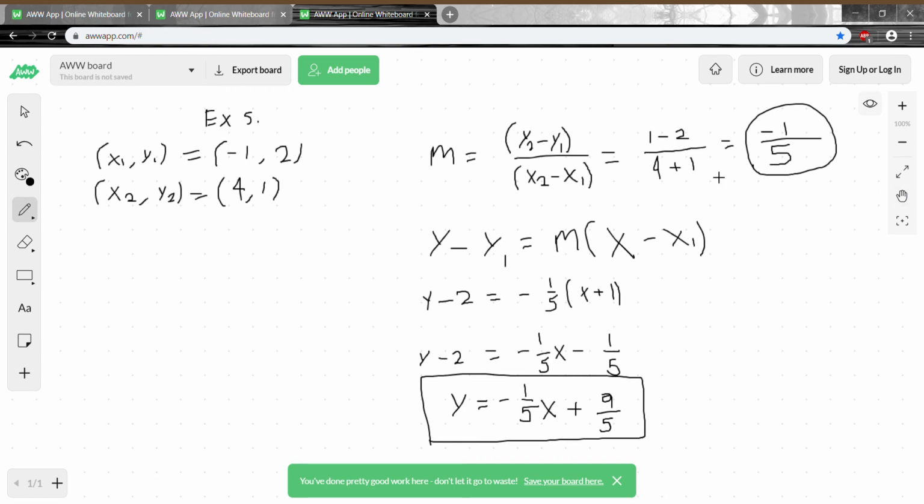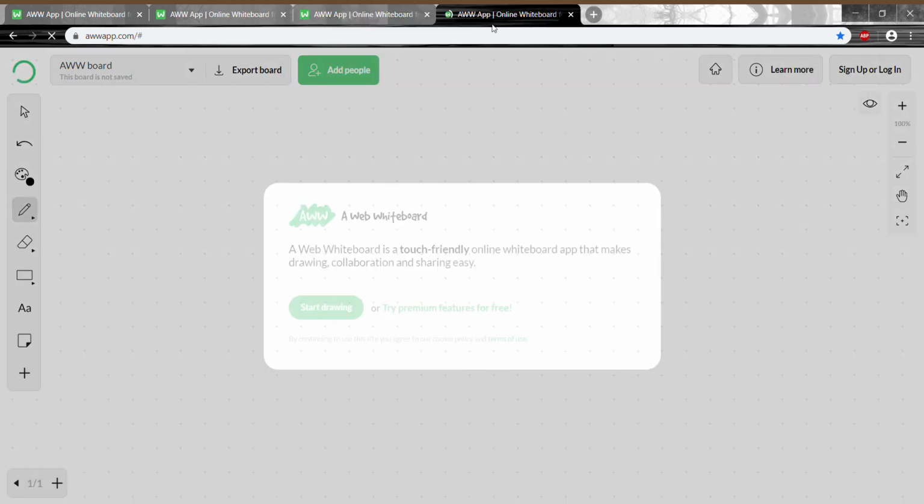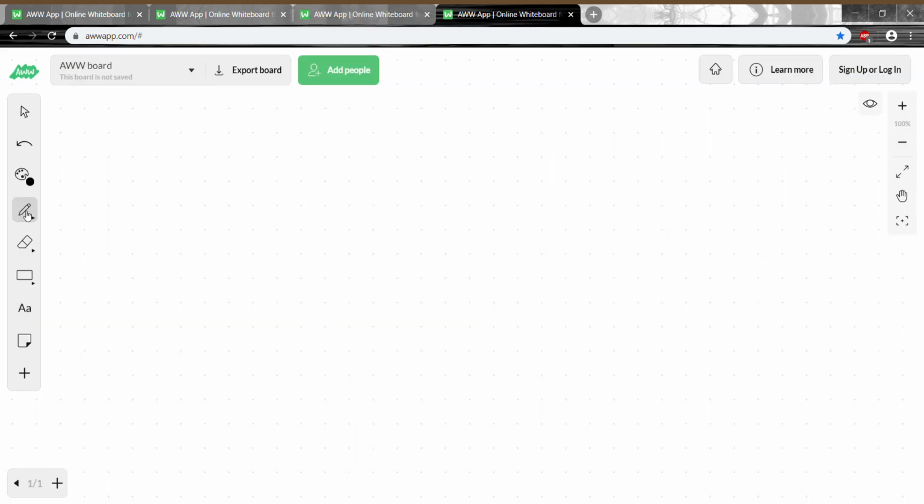So let's make a new tab. In earlier chapters, you guys should have learned how to solve a system of equations. To remind you, a system of equations is just two different equations, each one with an x term and each one with a y term.